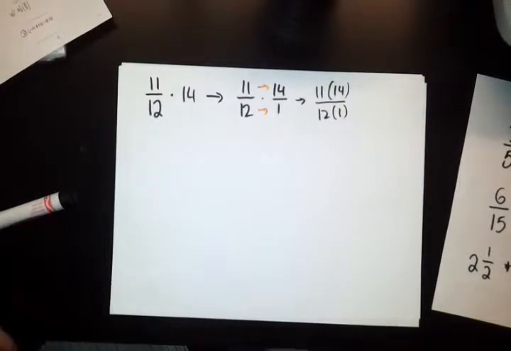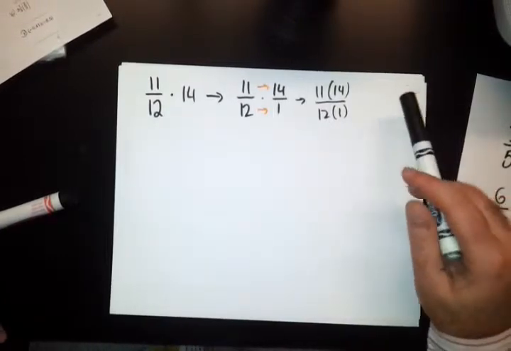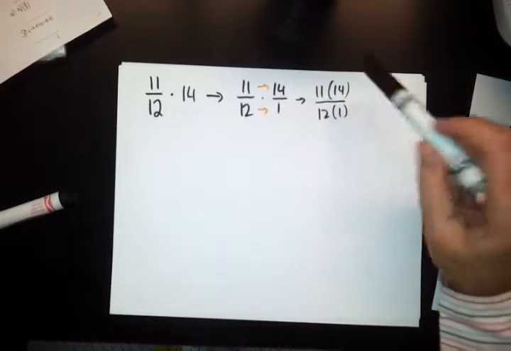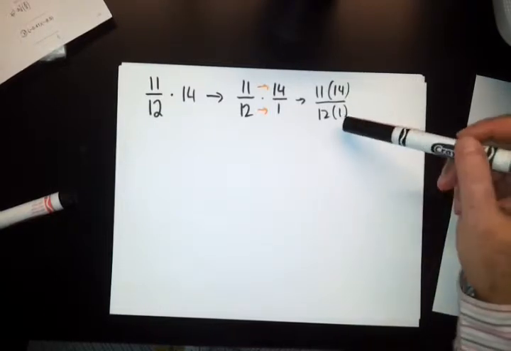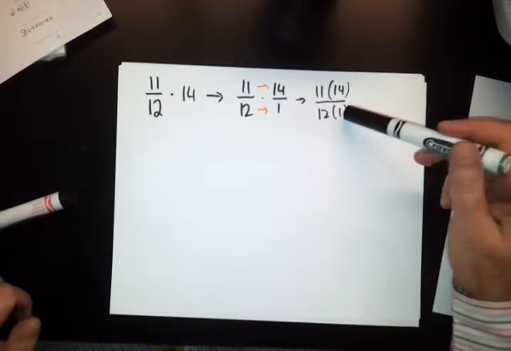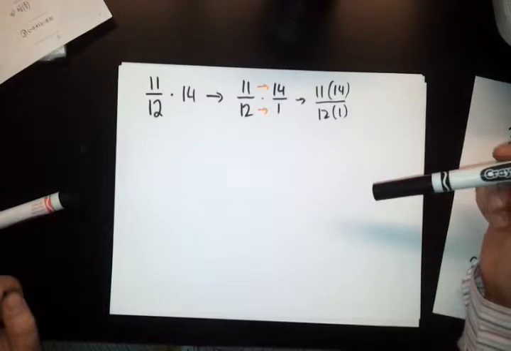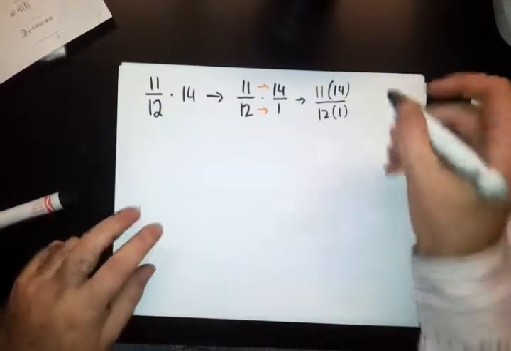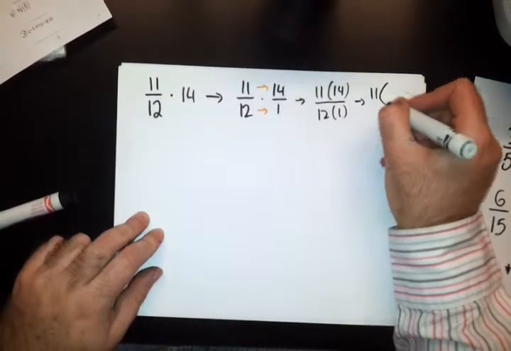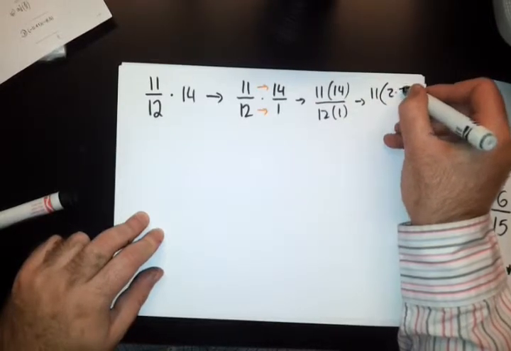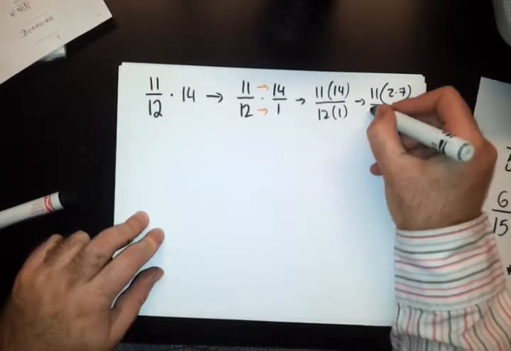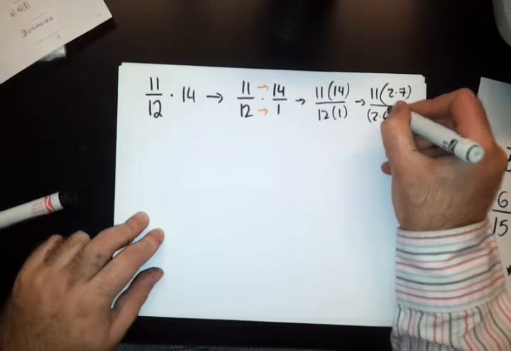Well, really I can't eliminate much from the 11 because there's nothing that's an 11 down here, and 11 is a prime number. The 1, can't do much there. But the 14 and the 12, I can write them as such. The 14 can be 2 times 7. The 12 can be 2 times 6.